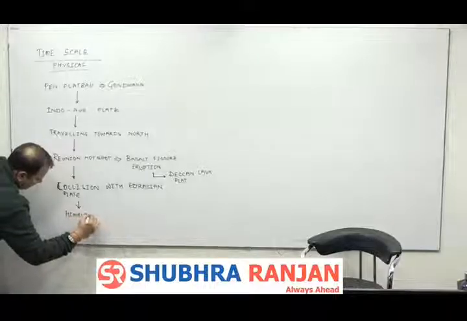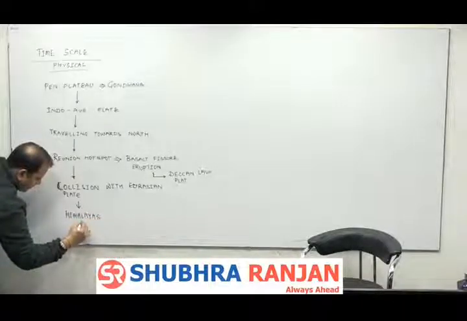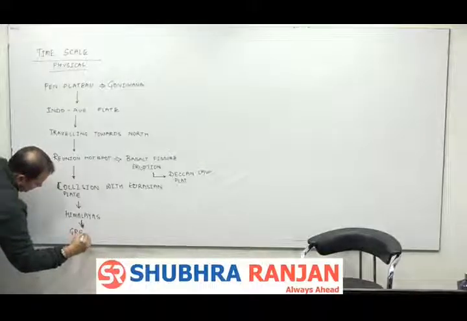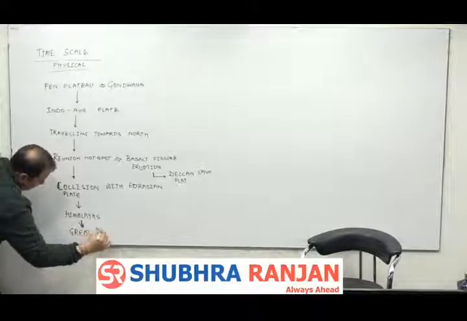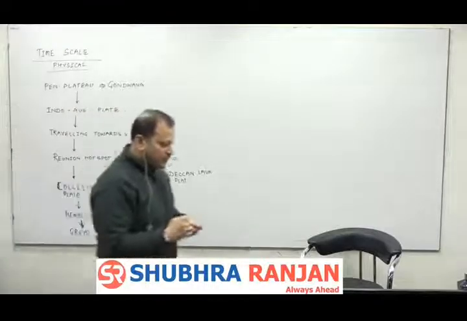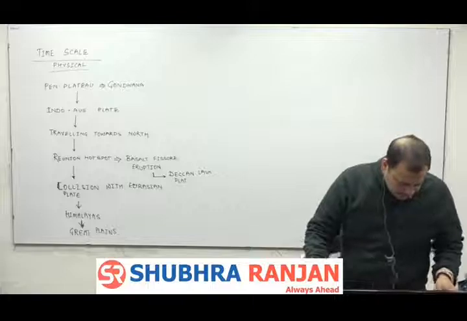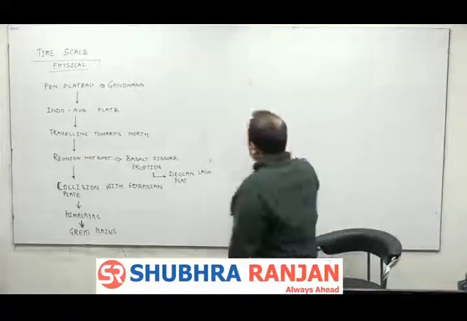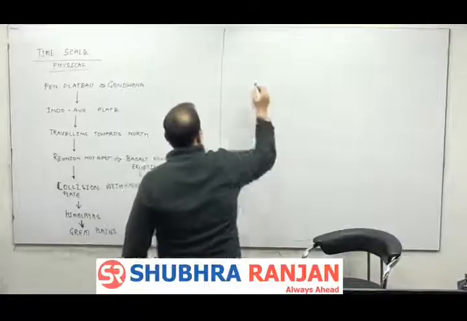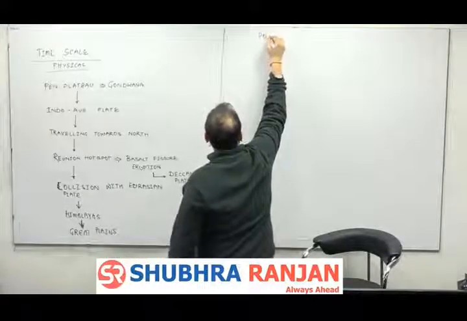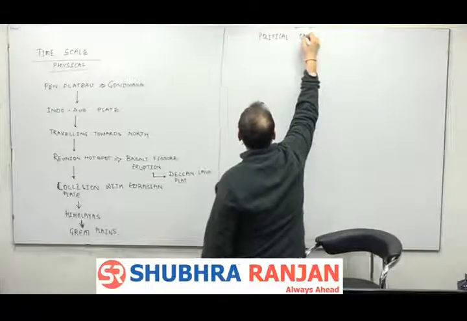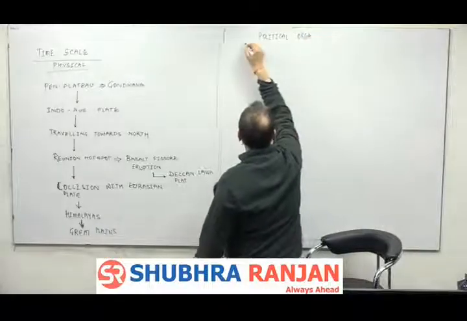And after the formation of the Himalayas, ultimately there was the formation of the Great Plains. And we got this present landform of India. Then there were numerous kingdoms, then the Britishers came, and then ultimately we got freedom, and this is how the political organization occurred.